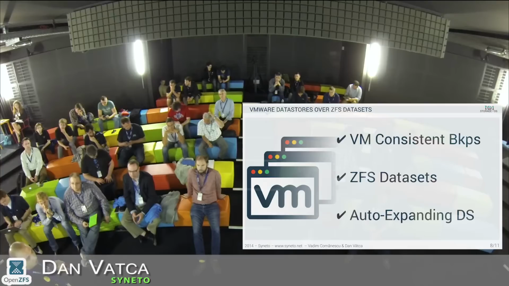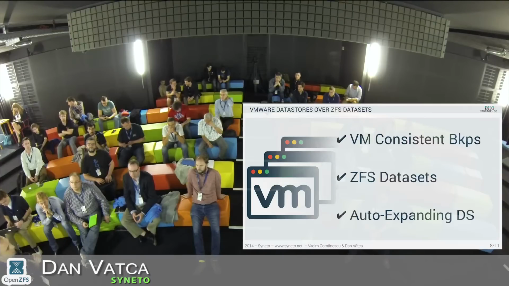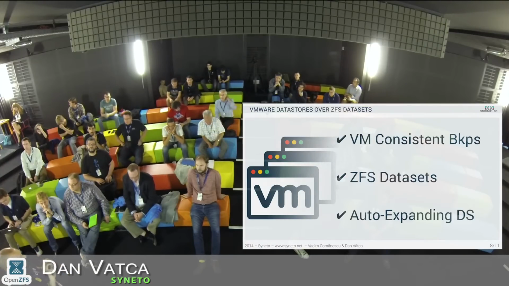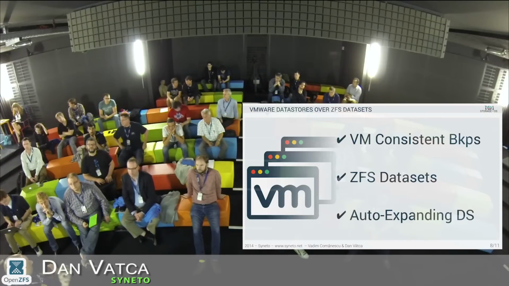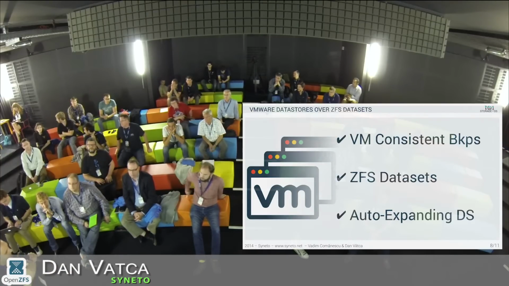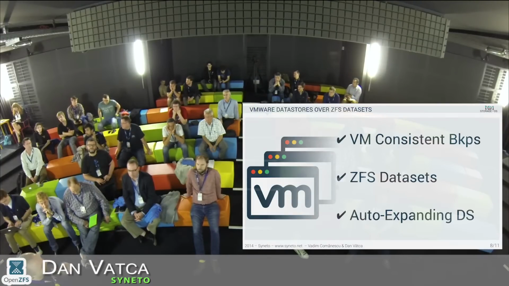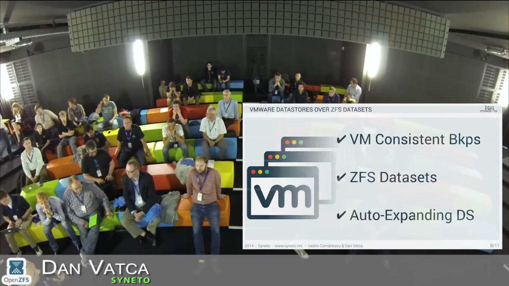So what we actually do is control it from the storage appliance, from the scheduler, because we have a scheduled snapshot mechanism, so that we can work together with VMware. We take a snapshot in VMware, which can be consistent memory-wise and disk-wise, because VMware has that capability. So we take a consistent snapshot of the virtual machine. If a database is running inside, it doesn't matter what is running inside, everything is consistent.